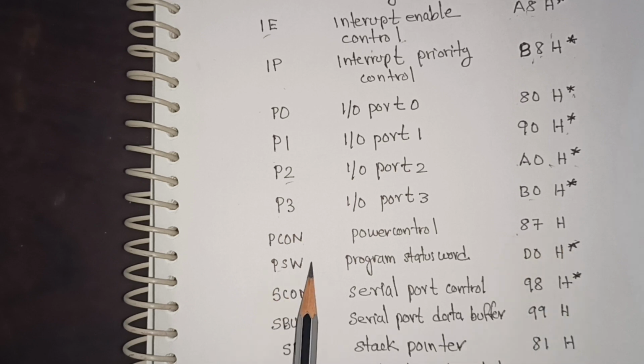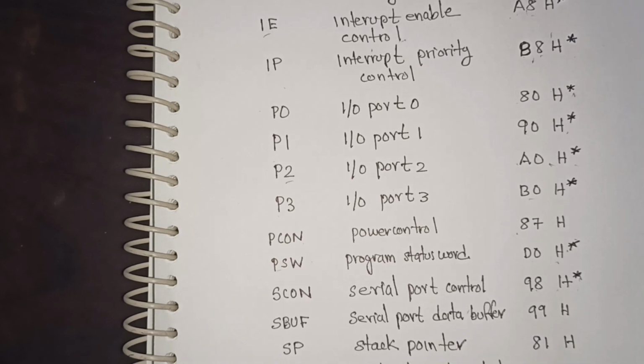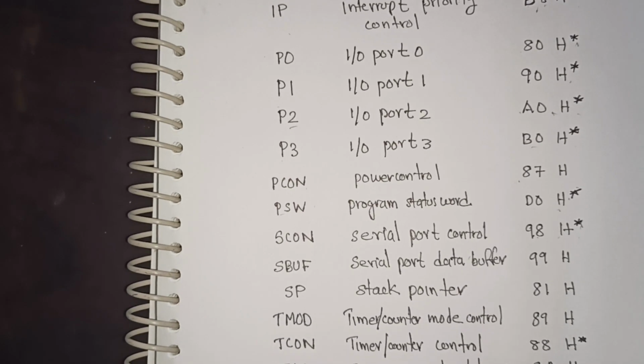Then PSW is the program status word, D0H, which is bit addressable. SCON is the serial port control, 98H, bit addressable. SBUF is a serial buffer used to store serial data at the time of serial communication. We'll see. SP is the stack pointer, 81H.